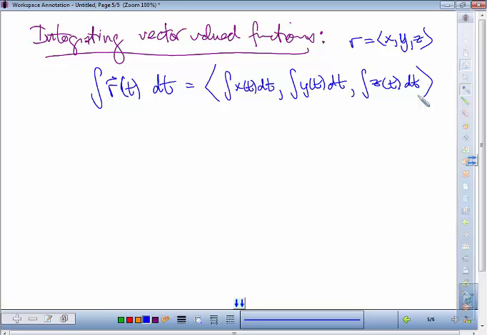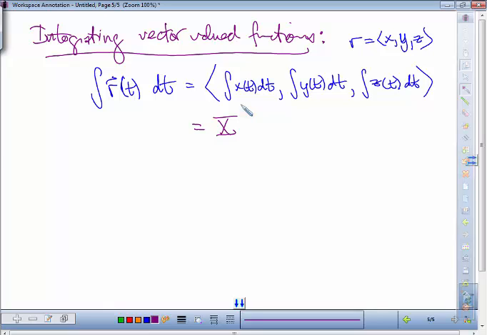And so when each of those components has a plus c, you, in general, have a vector of constants. All right? So think about integrating this as, I'm going to use capital X as a notation.